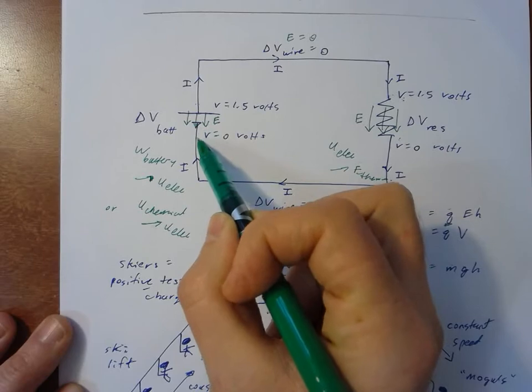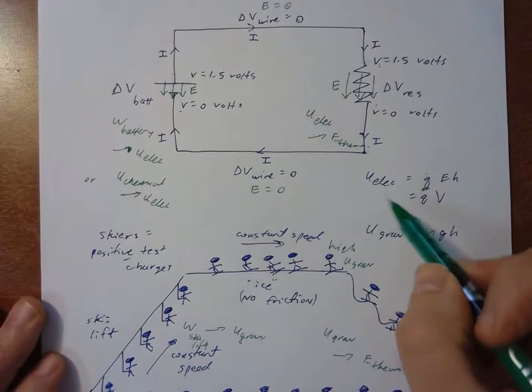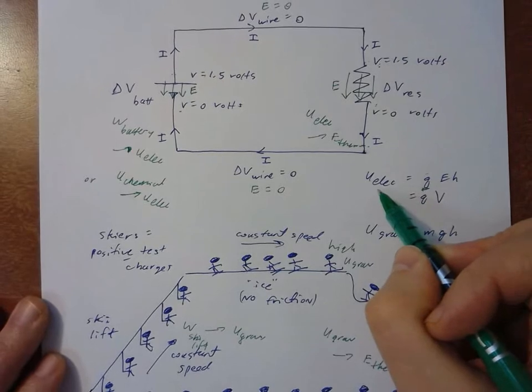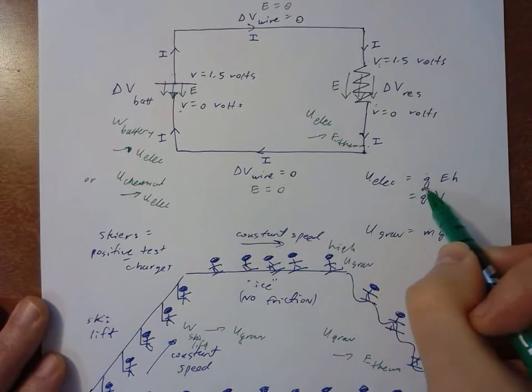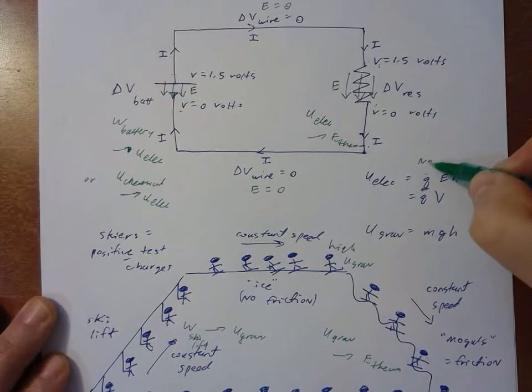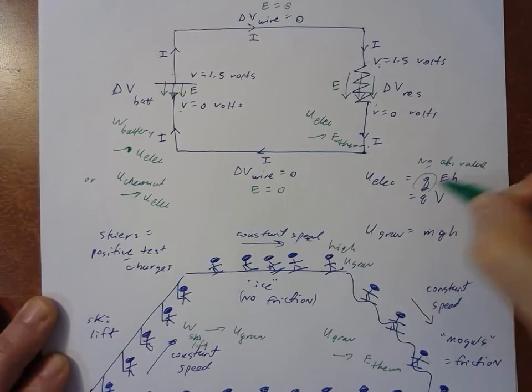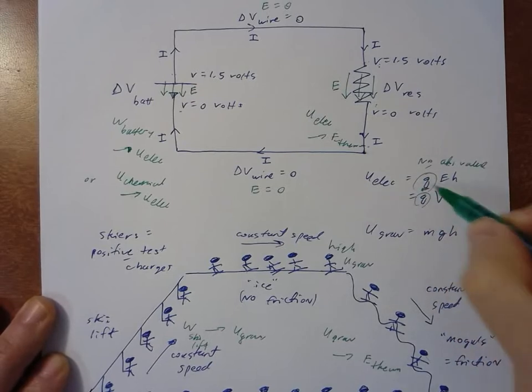But when they do that, they actually have more electric potential energy here. So that's another example of the electric potential energy formula, but for a negative charge. All right, notice that there's no absolute value here when we talk about the electric potential energy formulas. So Q could be plus or minus.